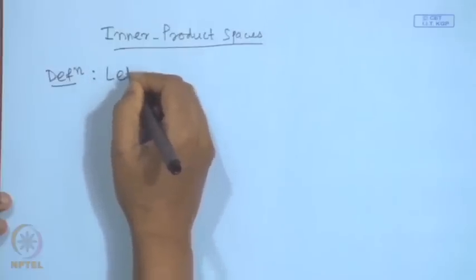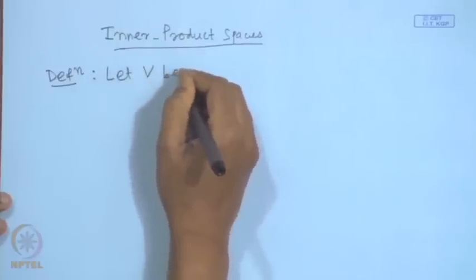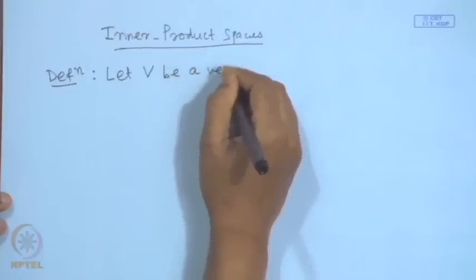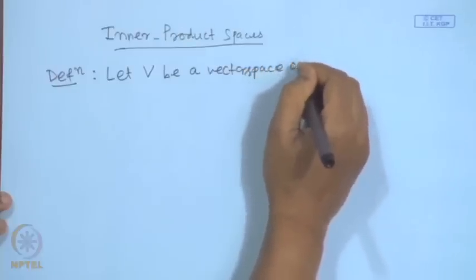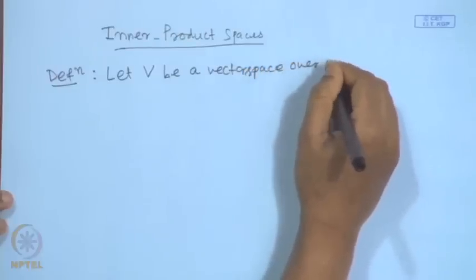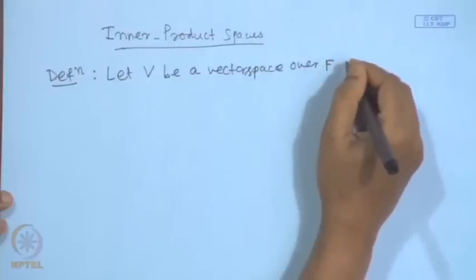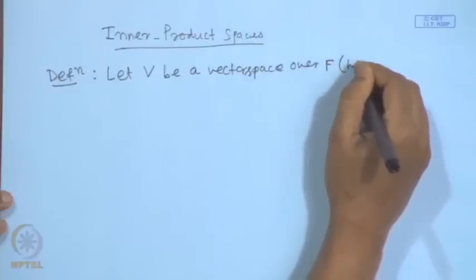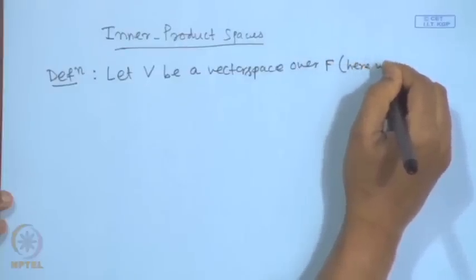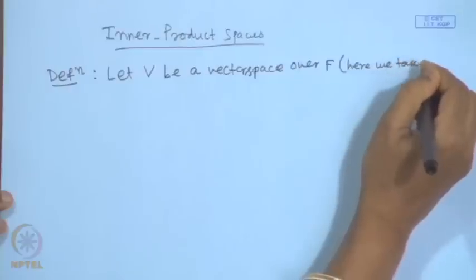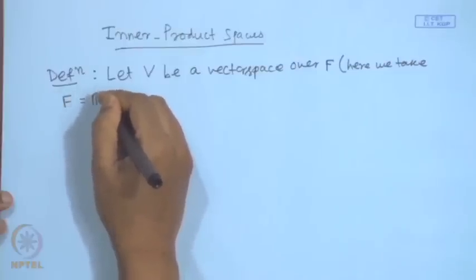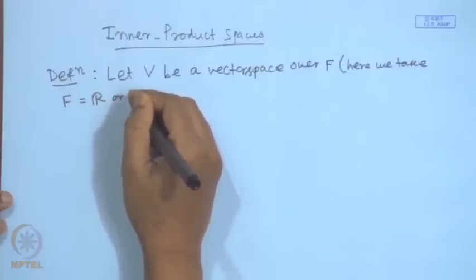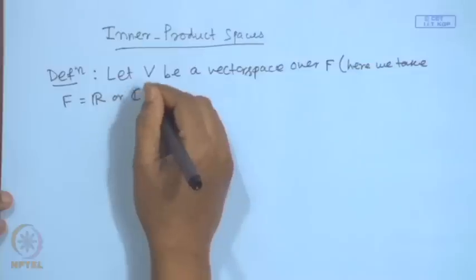Let V be a vector space over a field F. Of course, here we take this field F as the set of real numbers, the real field, or the complex field.